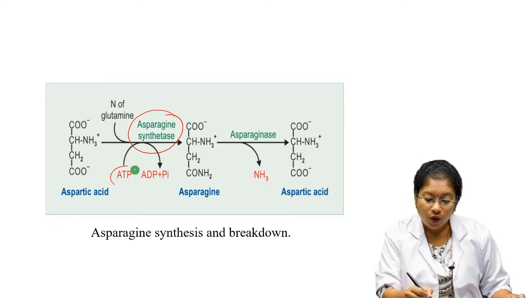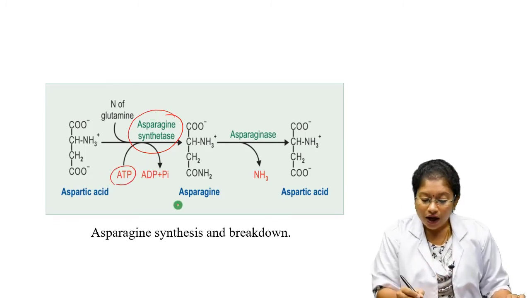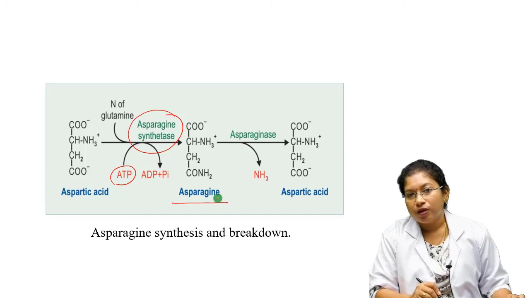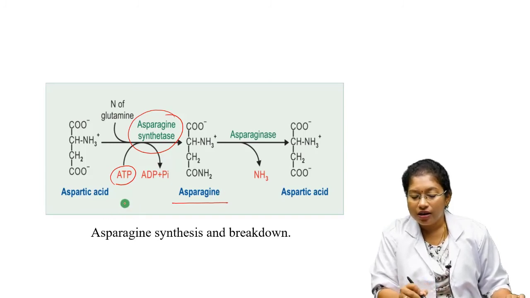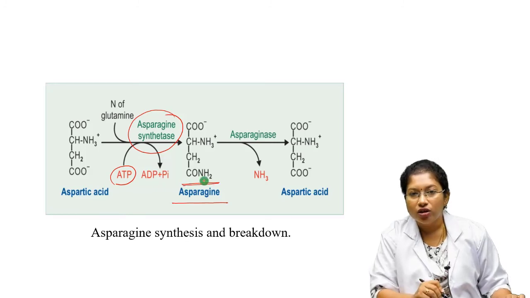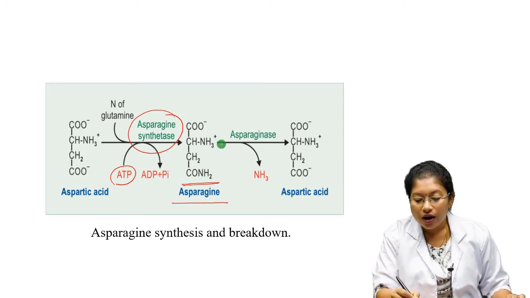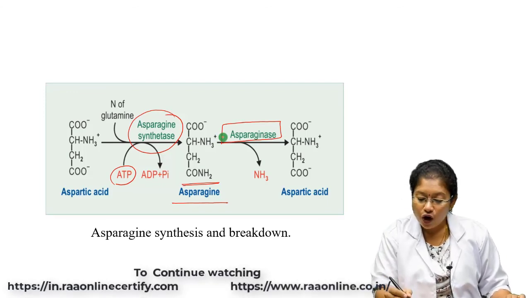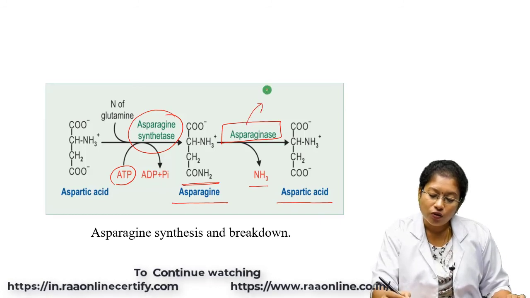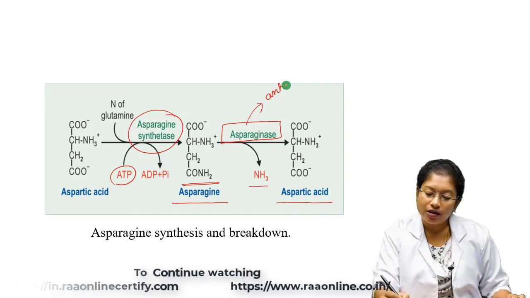That means it requires ATP and it forms asparagine. So if you add ammonia to the aspartic acid, you form asparagine, which is once again broken down by asparaginase, hydrolyzed to form ammonia and aspartic acid. This one is used as an anti-cancer agent.